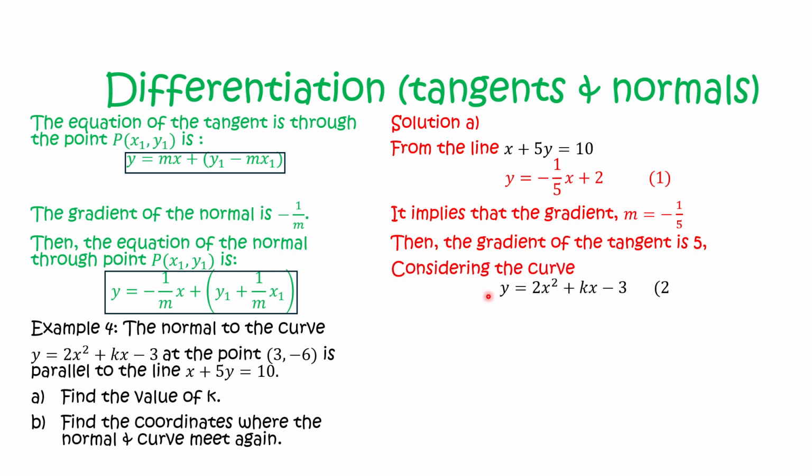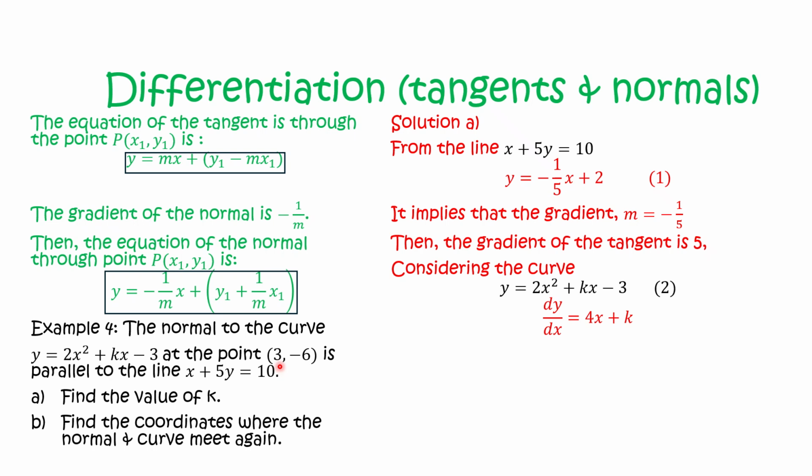Now, considering the curve y = 2x² + kx - 3, we label this equation 2 for ease of reference once again. Finding the derivative of this curve, we get dy/dx = 4x + k. Now, we know that this dy/dx gives the gradient of the tangent.